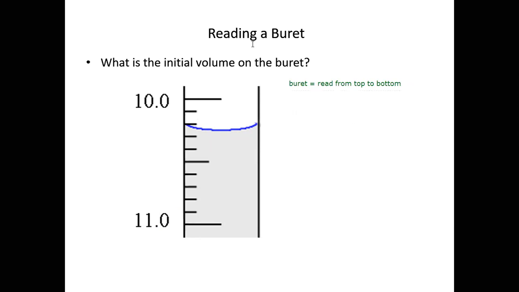And you'll notice here that for a burette, this is 10, this is 11. Between the two, we have 10 tick marks. So our certain digits go to the tenths place.